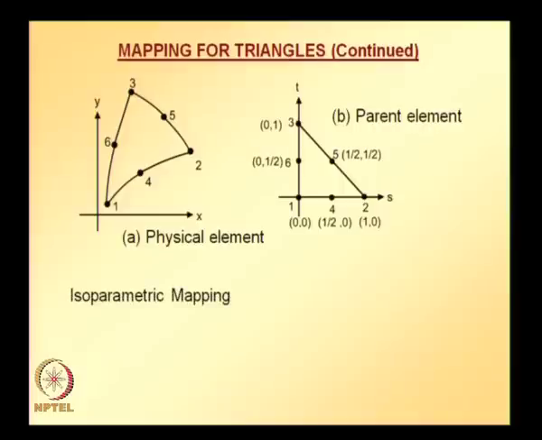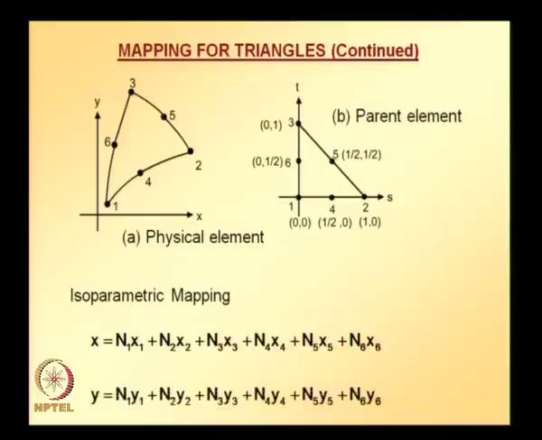And once we get L1, L2, L3 for each of the nodes, we can easily find the isoparametric mapping for this particular element, which is going to be x is equal to N1 x1 plus N2 x2 plus N3 x3 plus N4 x4 plus N5 x5 plus N6 x6. Similarly, the isoparametric mapping for y, but to use these two expressions we require N1 to N6 of the parent element.